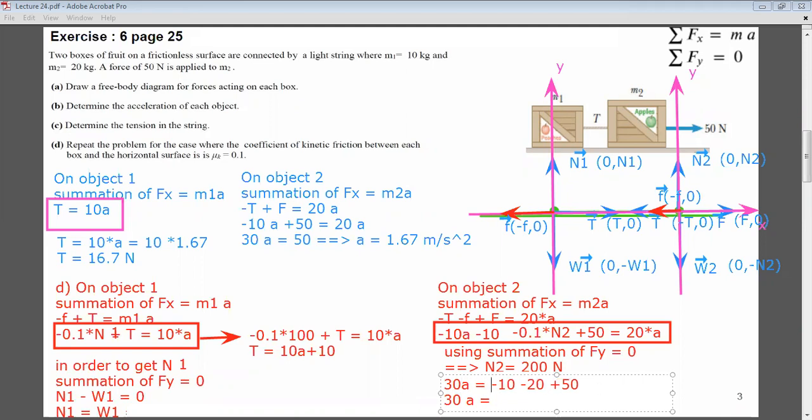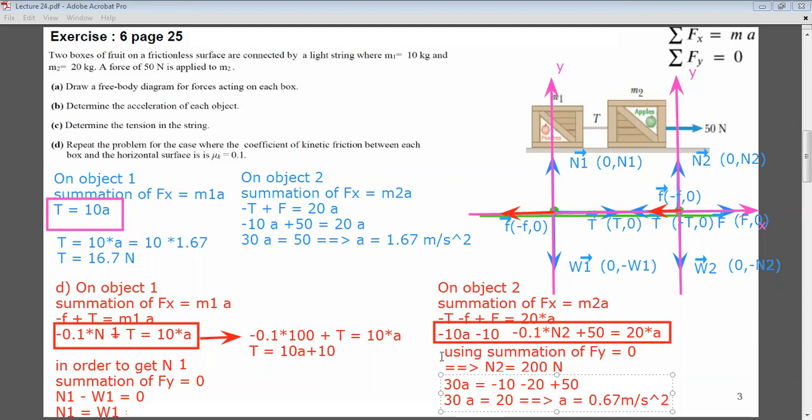Okay, so I took this minus 10a to the other side. So now I have 30a equal to minus 10 minus 20 plus 50. So 30a equal to 20 implies a is equal to 20 over 30. This is 0.67 meters per second squared.